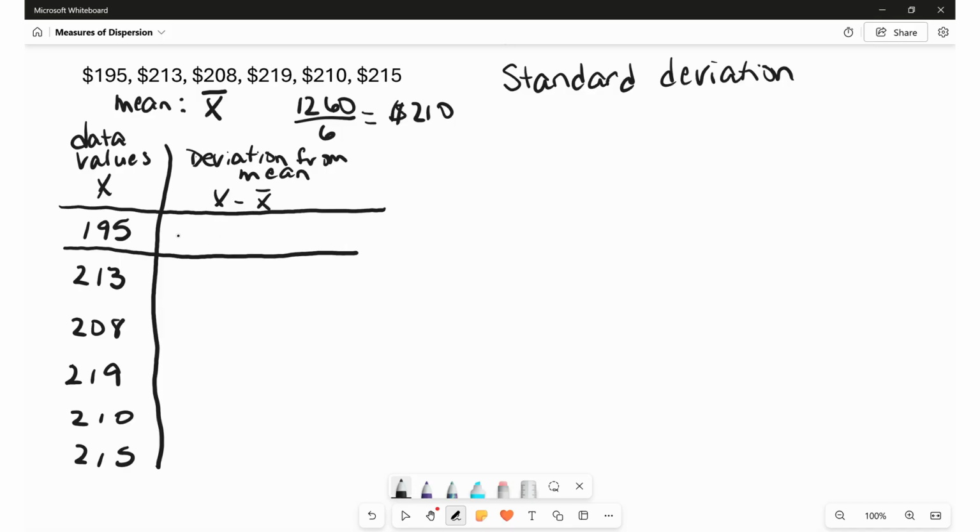So how far is 195 from the mean? Well, 195 minus 210, which gives us that this data value is $15 below the mean. And we do that with all of these.